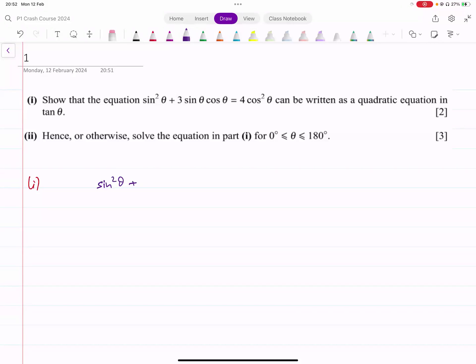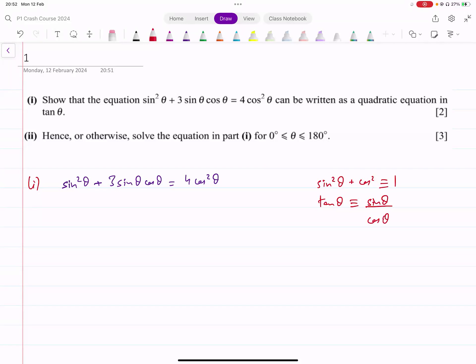Sine square theta plus 3 sine theta into cos theta equals 4 cos square theta. Now, when you're doing these questions, you're going to have the identities in front. What are the identities that you have in paper 1? Sine square theta plus cos square theta is identical to 1, and tan theta is identical to sine theta over cos theta. These are the two identities that you're given in the formula sheet.